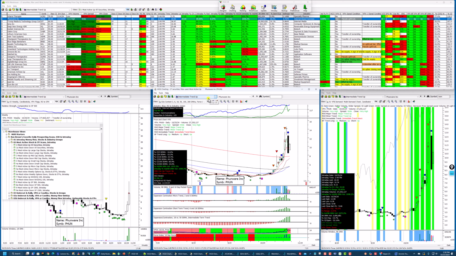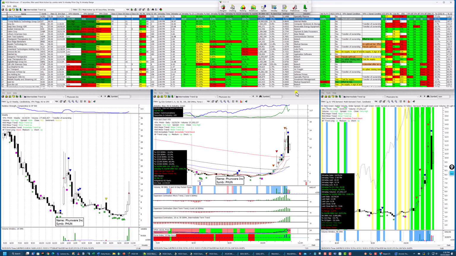Okay, so this is an intermediate term trend, and you can see it here because the 6 is above the 18 beginning back here, and the 18 is above the 50. The 3 is above the 6, so all of those are positive.